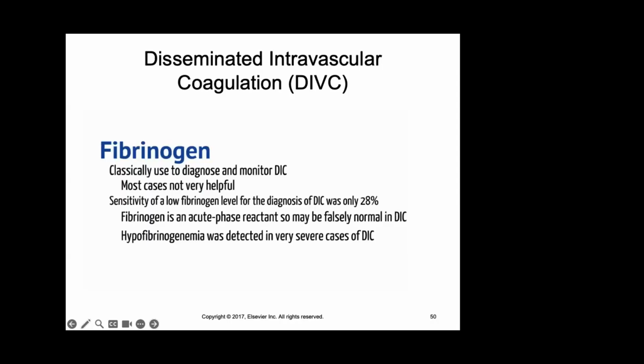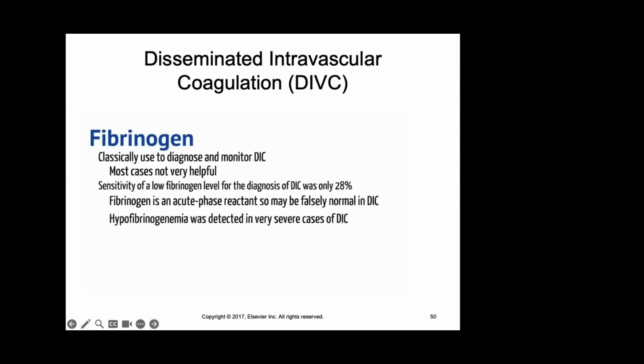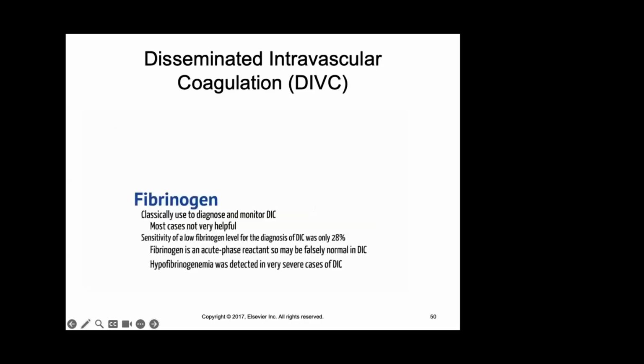Well, fibrinogen is an acute phase reactant, meaning when the body is stressed or sick, the body will produce fibrinogen. So the fibrinogen level may be falsely normal, though the body is rapidly consuming fibrinogen. Hypofibrinogenemia is rarely detected in DIC. Really, it's only seen in the most severe cases.